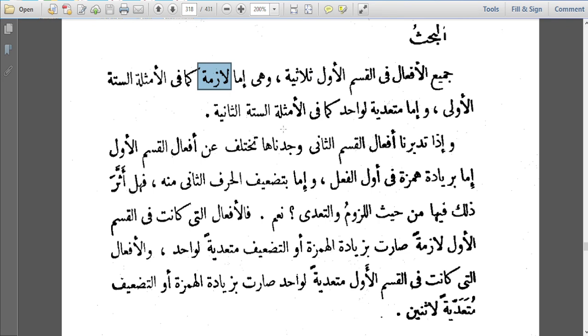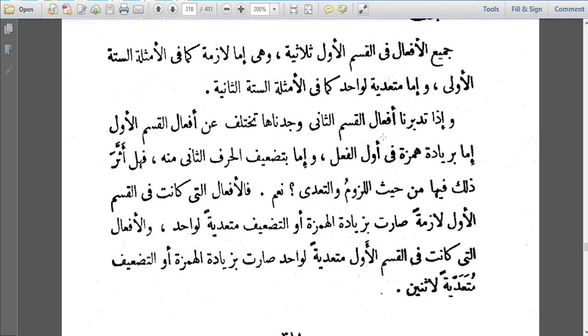They just require a fa'il to be complete. وإما متعدية لواحد كما في الأمثلة الستة الثانية. So in the second 6 examples, you find that the verbs there are متعدية لمفعول به واحد. They just required one مفعول.